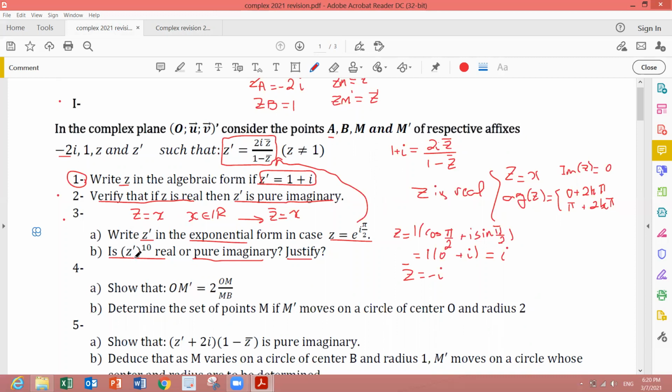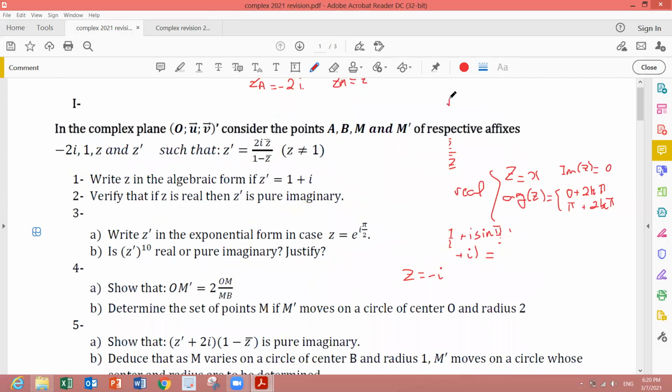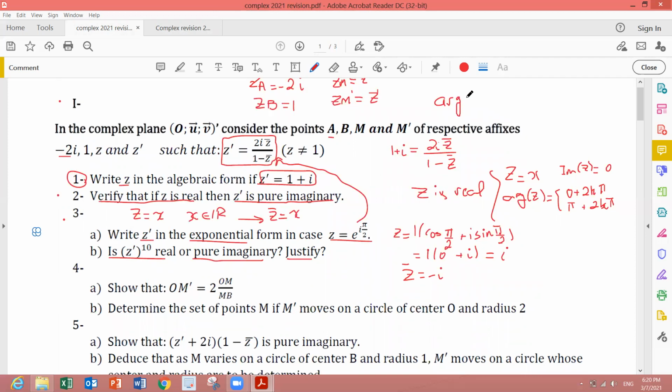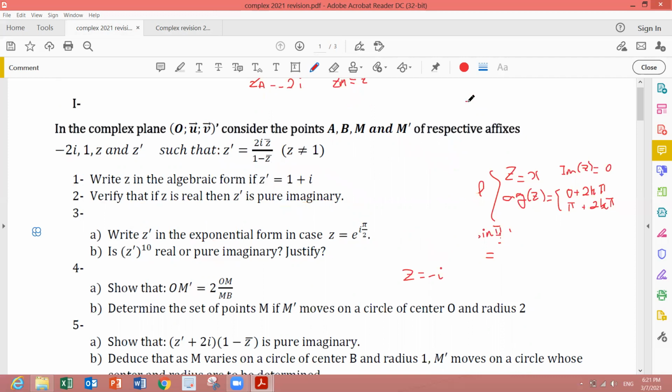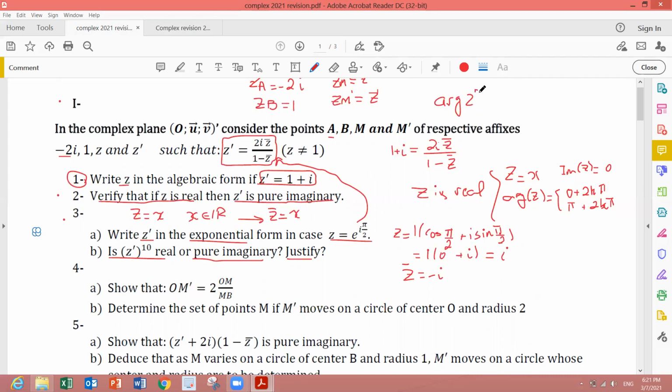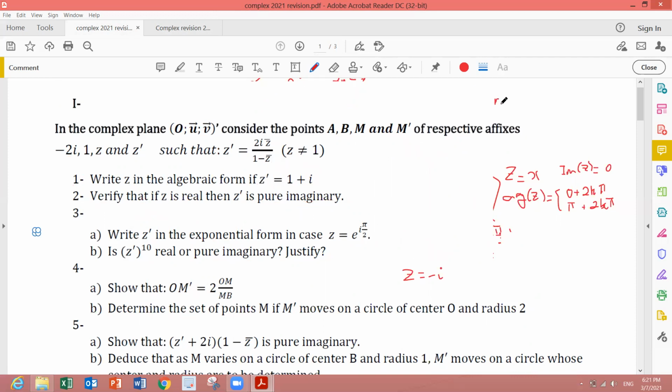So to know if it is real or pure imaginary, I determine the argument of z prime to the power n. We have the rule: argument of z power n equals n times argument of z.